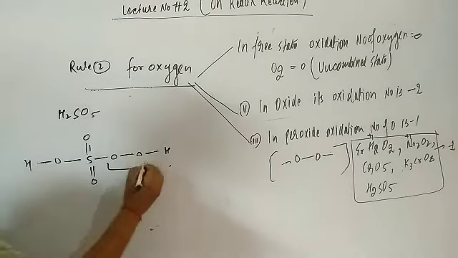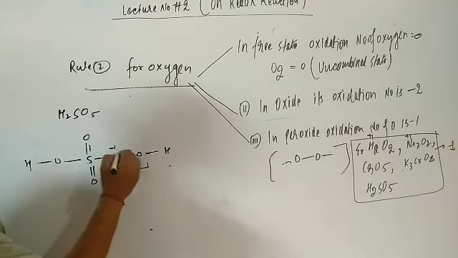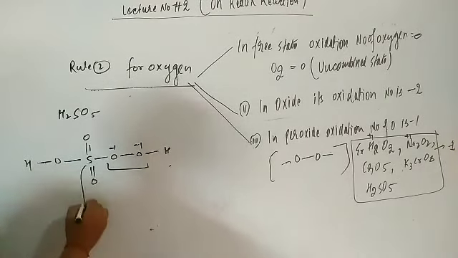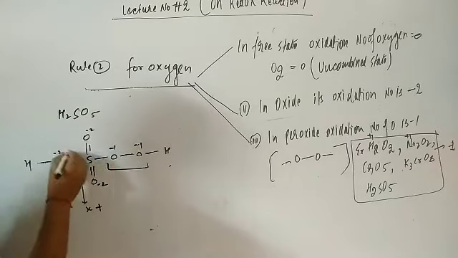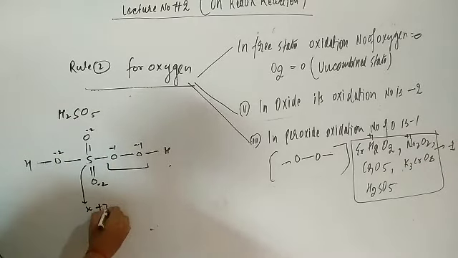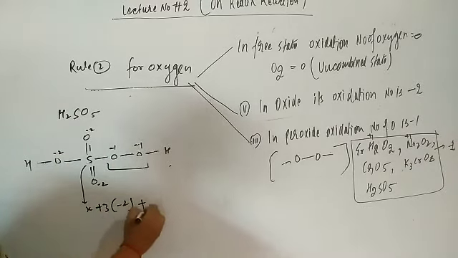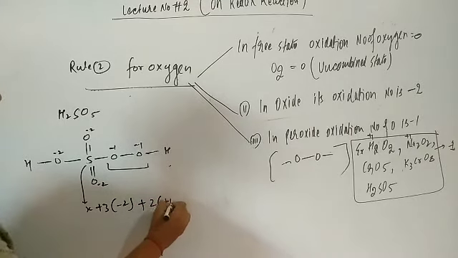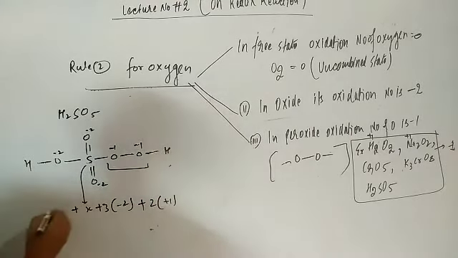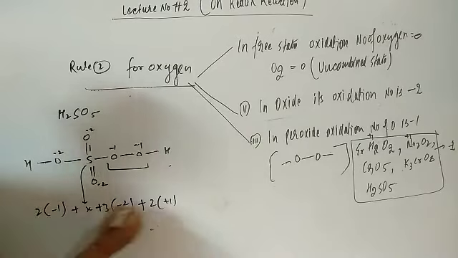So here you see the peroxide linkage is there, so here is -1, here is -1. This you consider to be X. Here the normal oxygens are -2, -2, -2. So 3 oxygens are there, each -2, plus 2 plus 1, and here 2 oxygens are there, -1, equal to 0.